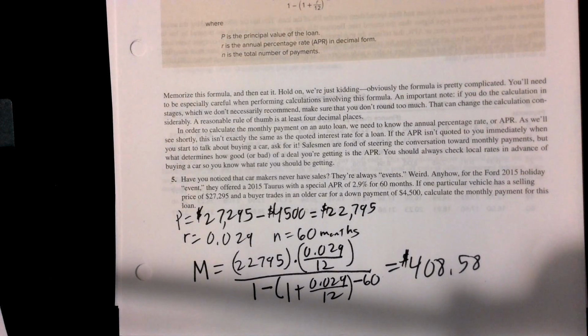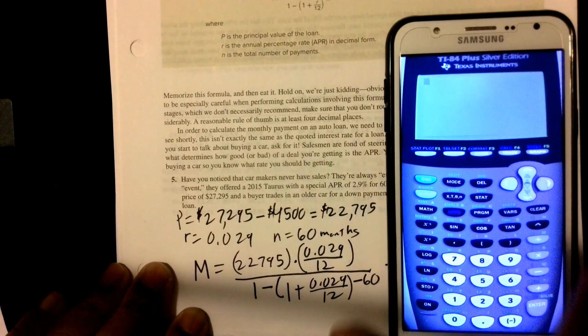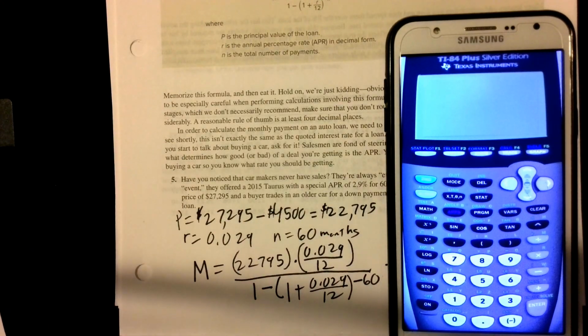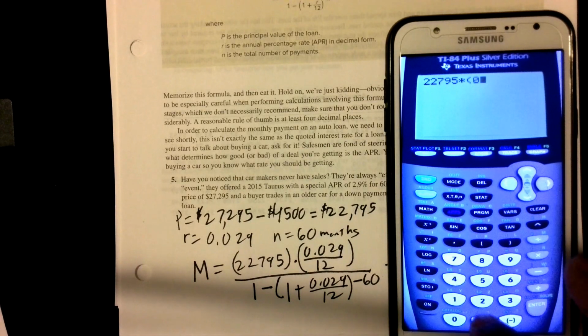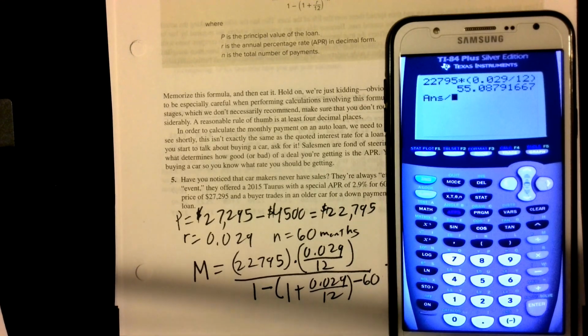Now, some of you may be a little confused as to how to put this in the calculator, so I am going to show you how to properly put this in your calculator. The calculator that I am using is the TI-84. So if you do have a graphing style calculator, you could basically follow what I'm doing here. First, I would do the numerator, 22,795 times parenthesis 0.029 divided by 12, close the parenthesis and press enter. Now that gives you the numerator, divided by. For the denominator, I will put this in a parenthesis.